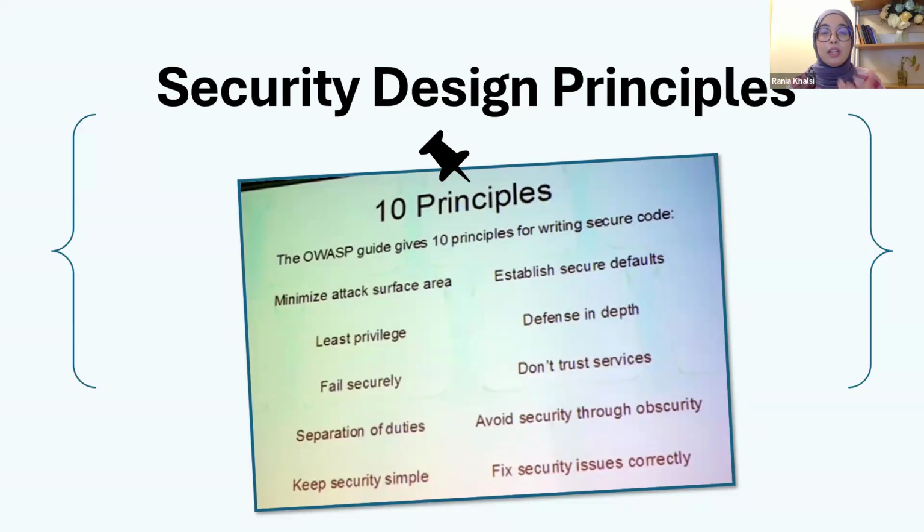It is a non-profit organization that publishes widely used guidelines and best practices for building secure applications. Okay, so mainly this is what I want you to know about this organization. And it presents 10 principles for the security design.